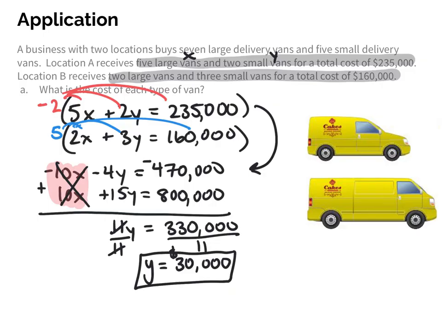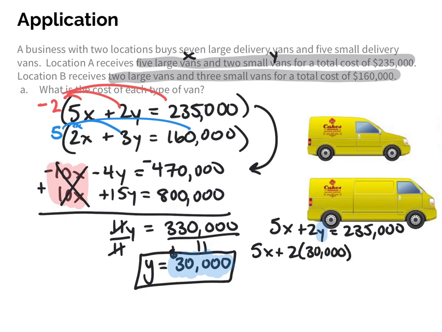I'm going to take this value of y and plug it into one of my equations, the very first one. So here I have 5x plus 2y equals 235,000. I'm going to take this value of y, $30,000, and plug it in where y goes. I'd get 5x plus 2 times 30,000 equals 235,000.